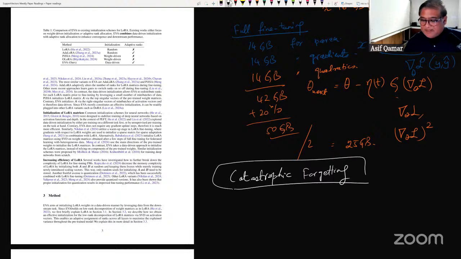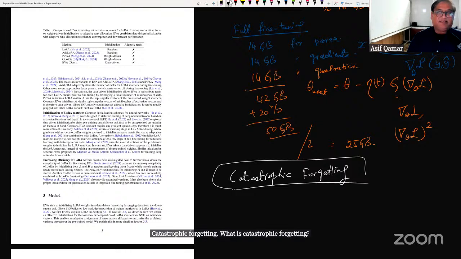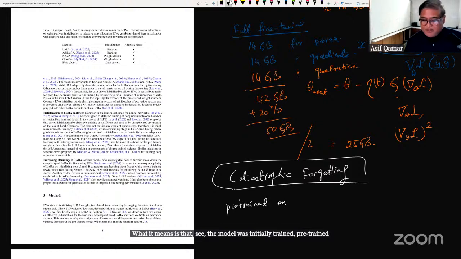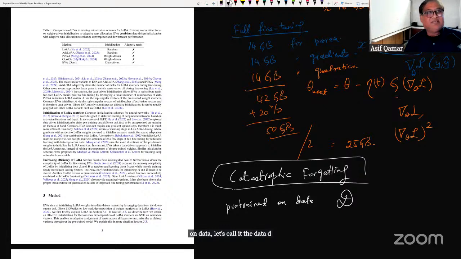Catastrophic forgetting. What is catastrophic forgetting? What it means is that the model was initially pre-trained on data. Let's call it the data D. This is your ginormous data, the whole web scale data you train your model with.